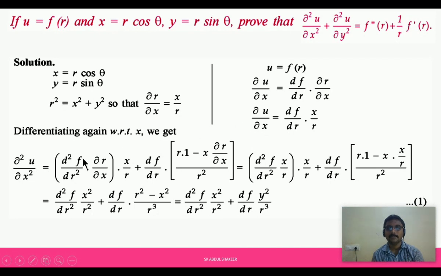Now again differentiating partially with respect to x. Using the product rule, df/dr, x by r kept as silent, df/dr derivative is d²f/dr² into ∂r/∂x, plus df/dr is kept silent, x by r derivative, which is obtained by using the division rule, (vu' minus uv') by v squared. r kept silent, x derivative 1, minus x kept silent, r derivative is ∂r/∂x, whole by v squared. v squared means r squared.